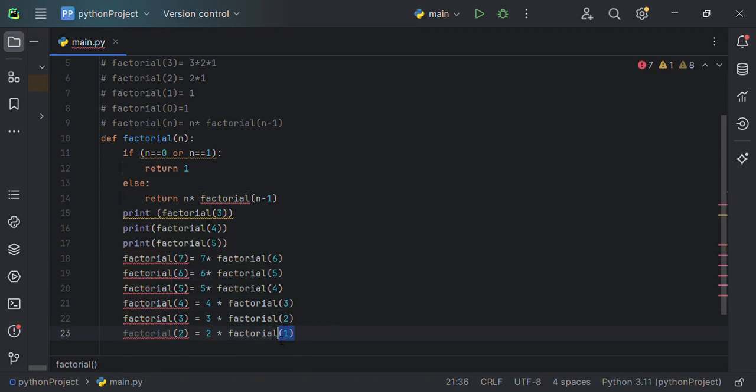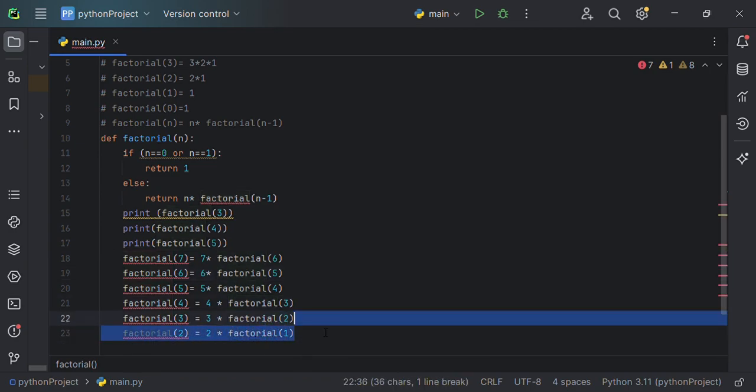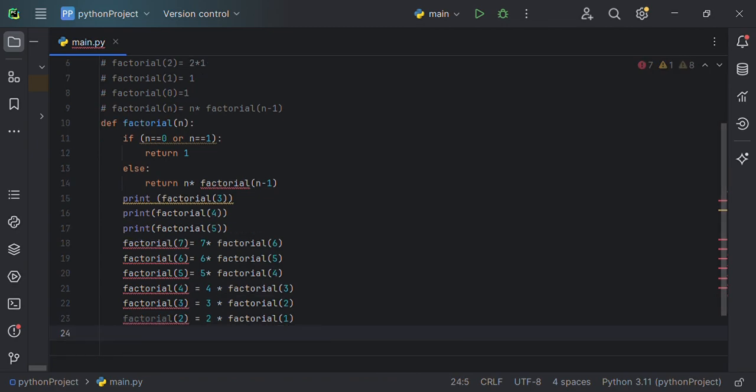Now if you see, first we will find the factorial of 1, which is 1 itself. Then factorial of 1 is used in factorial of 2 to multiply, and then factorial of 3, and so on.